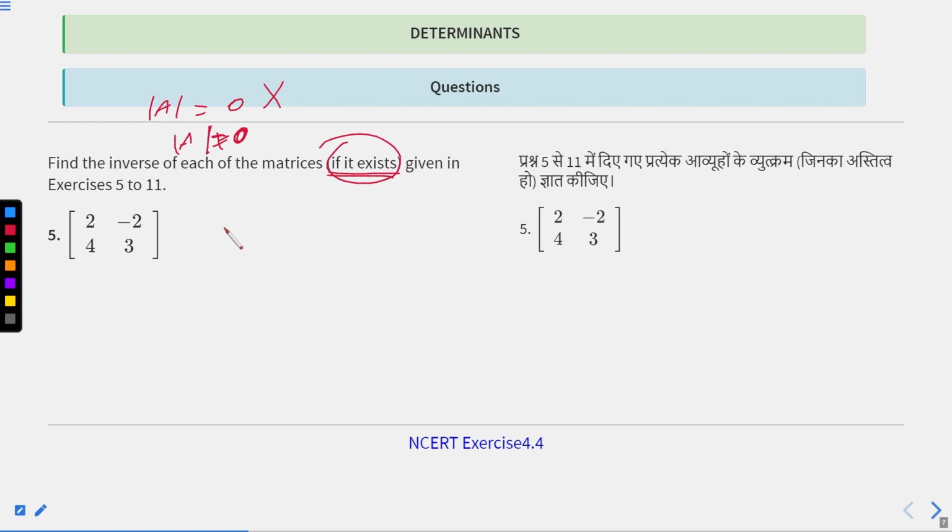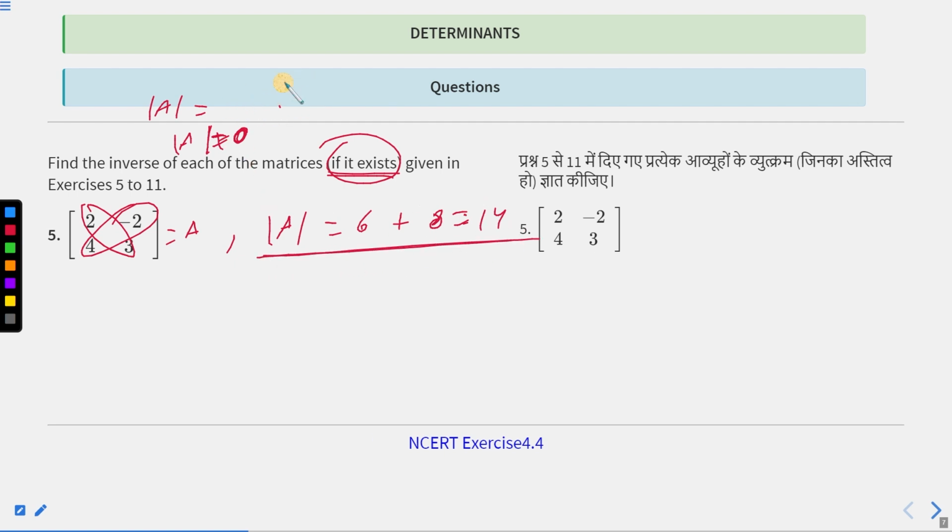Let us first find the determinant of A. As you can see, 6 minus of minus 8, your 6 plus 8 means 14. So your determinant is non-zero, which means the inverse exists.